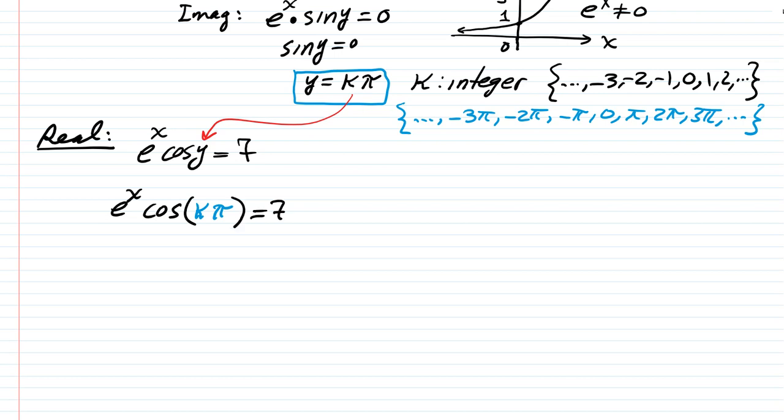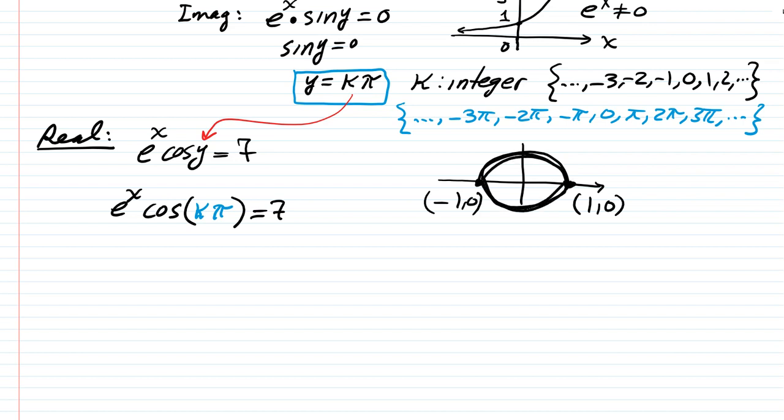Now, think about cosine k pi. Remember, these are your k pi. If you look at the cosine of these numbers, for example, k is 0, that cosine, remember the unit circle way back when? Cosine is 1. And this is at pi. Cosine is -1. 0, pi, 2 pi, 3 pi, 4 pi, 5 pi, 6 pi.